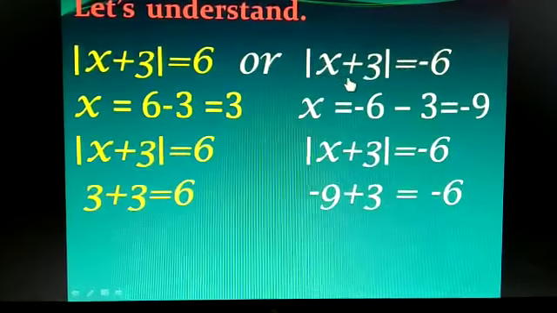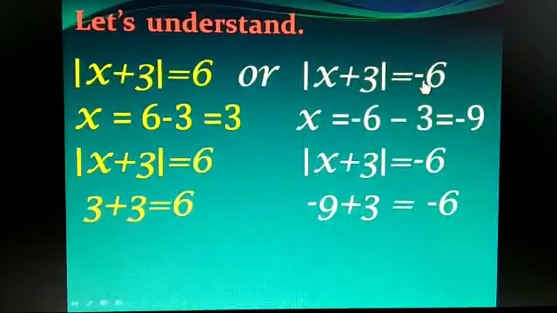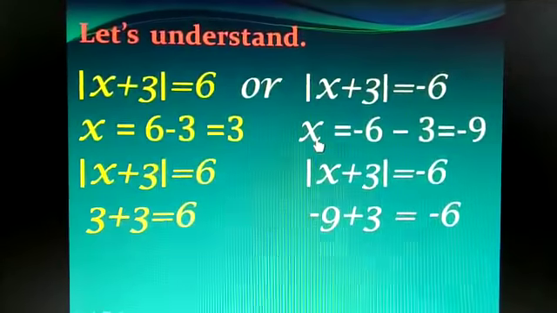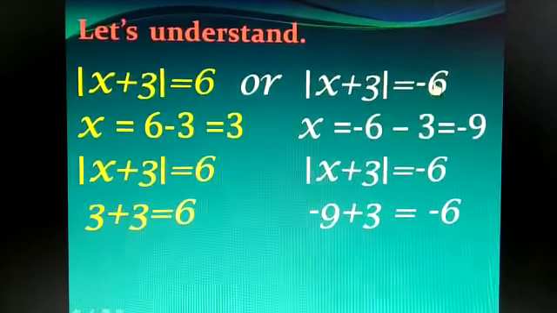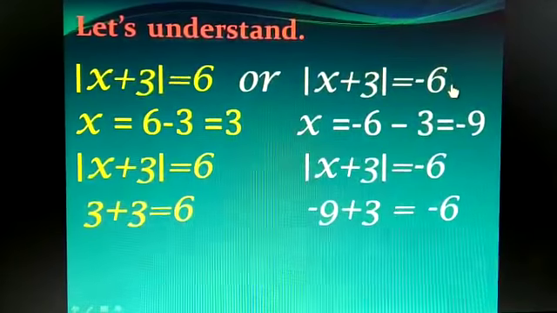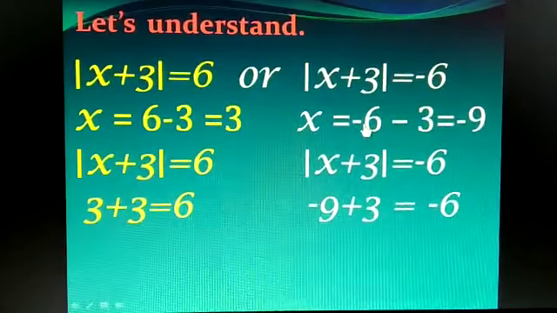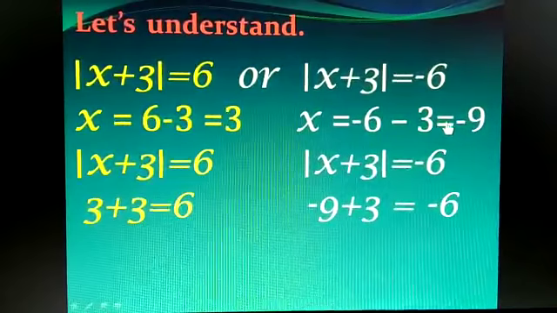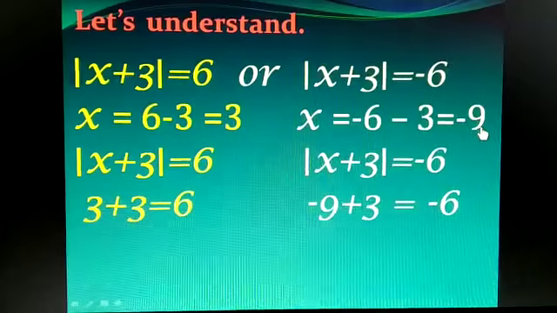The second equation, the modulus of x plus 3 is equal to -6. So here x is equal to -6 minus 3. This plus 3, when it comes to the other side of the equal sign, becomes -3. Since both are negatives, the sum is -9.